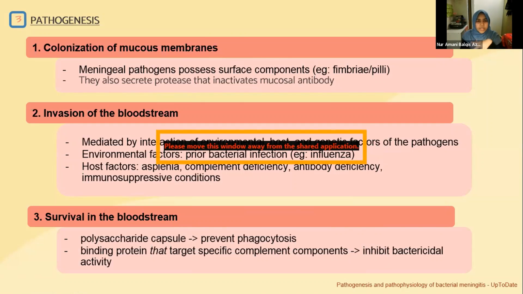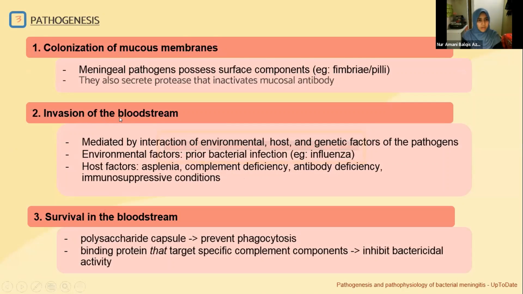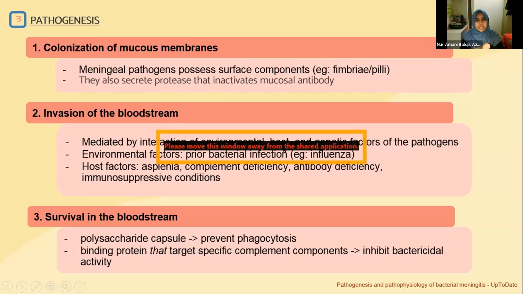Okay, so after they colonize mucous membrane, they will try to invade the bloodstream. So how do they go into the bloodstream? This is mediated by interaction of environmental factor, host factor, and also genetic factor of the pathogens.